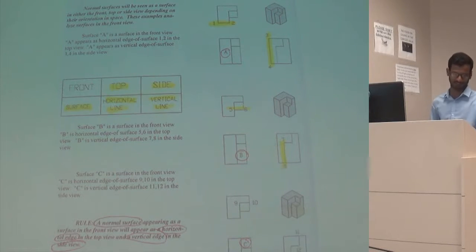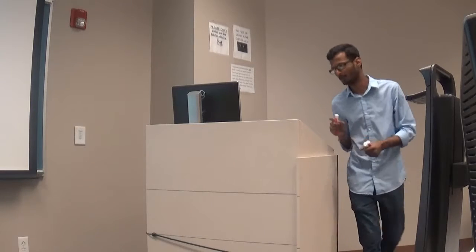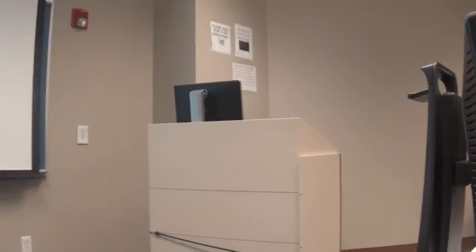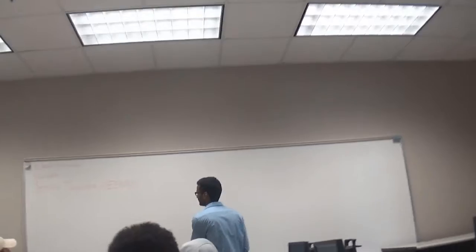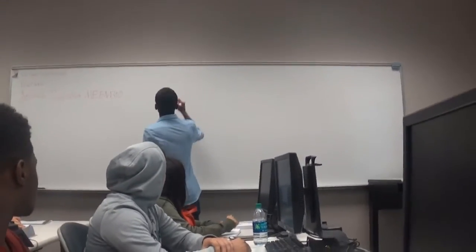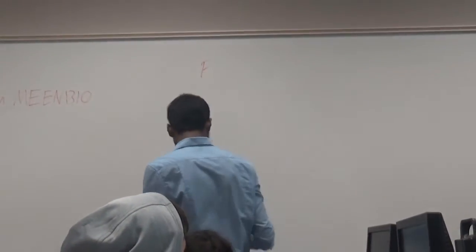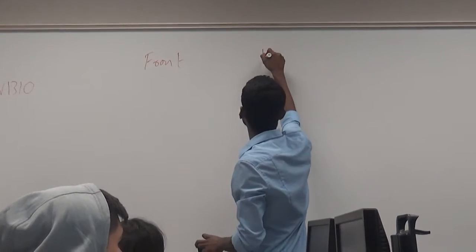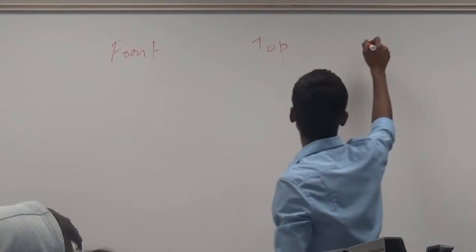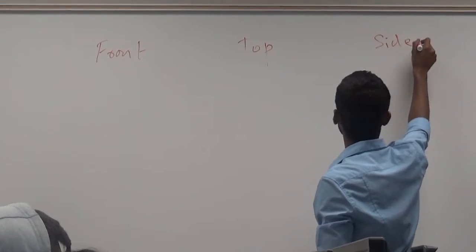I would write this. There is a normal surface table that you would need to memorize or remember to analyze the three surfaces. So let's say front, top and side.